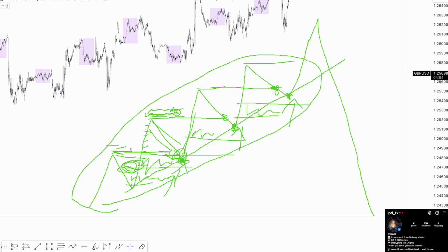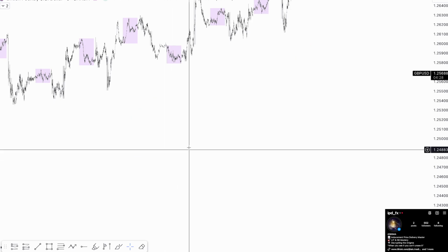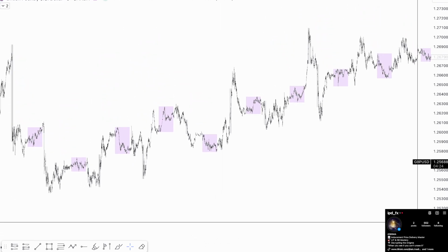So all this liquidity, transactional, continuation and inducement, is represented with all these drawings: trend line, Fibo, support and resistance, breakout traders, and so on. So now let's clear all this and look at some examples.